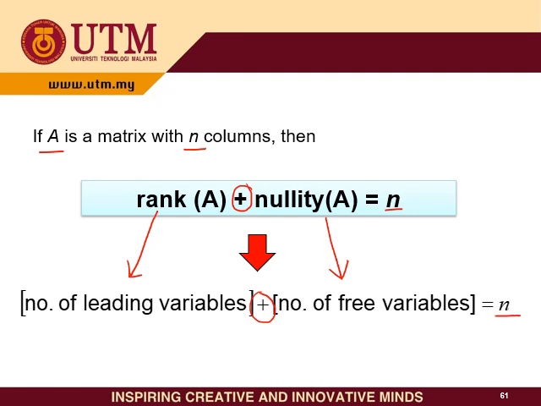If you go back to the previous slides, you can see how we calculate the rank and what is needed for rank and what is needed for nullity. It is actually the number of leading variables plus the number of free variables, the rank plus nullity, and you will get your n for each of your matrices.